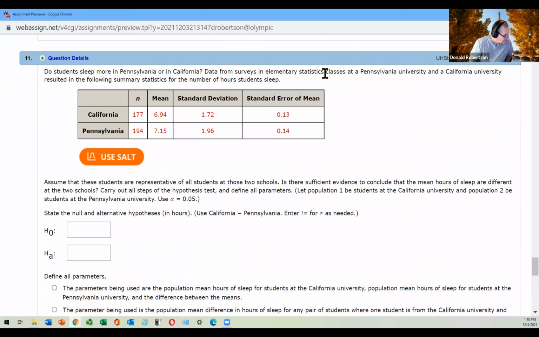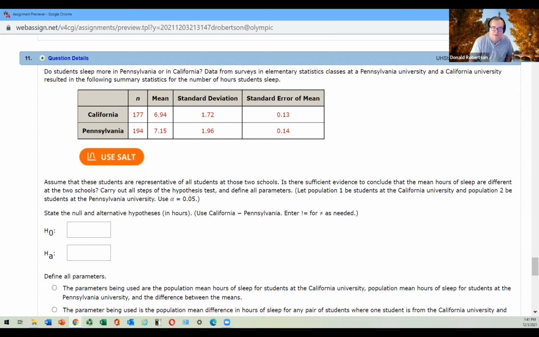And these are elementary statistics classes. And the summary is the number of hours that they slept. So in the Californian sample, 177, they slept about that many hours, standard deviation, this one. See these at the end, the 0.13 and the 0.14? Never get used in any question, pretend they're not there.